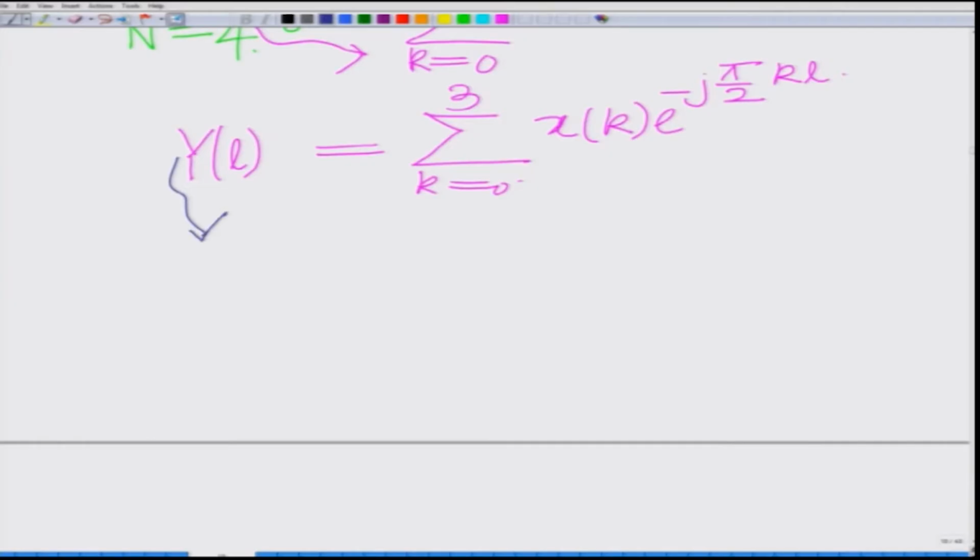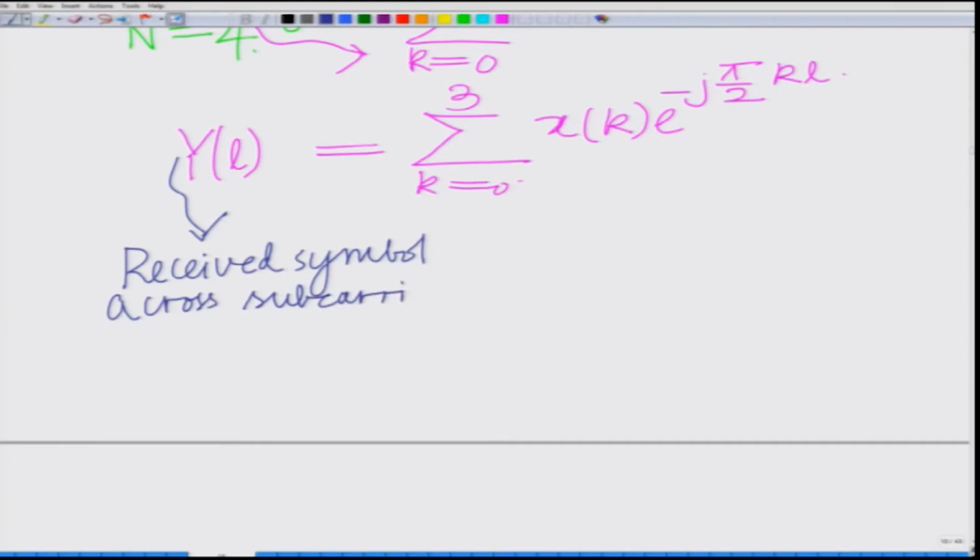So, this Y L is the received symbol in the frequency domain across subcarrier L.